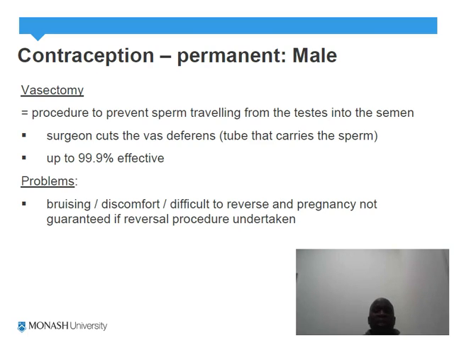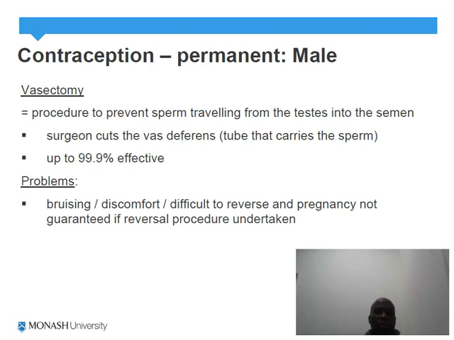What happens is that the sperm tube, also called the vas deferens, is blocked or cut. Once cut, the sperm cannot travel from the testicles up. And it's 99.9% effective.